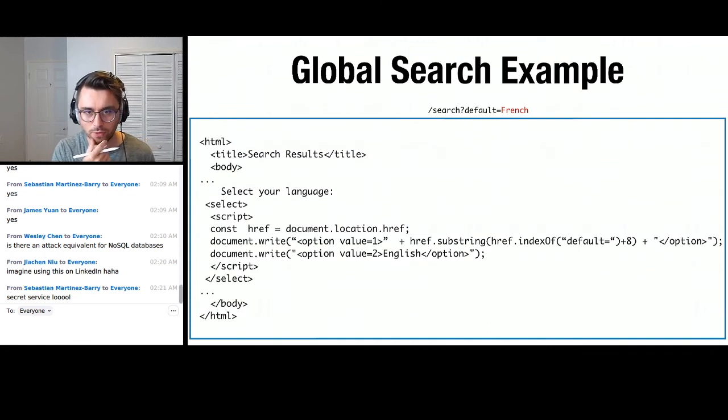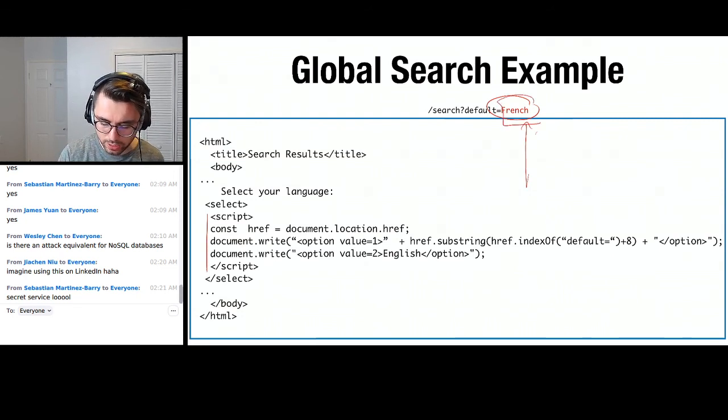So just to give you one super simple example: say we have, again, our fake search engine with /search, default, whatever language. One thing this piece of code might do is have an inline script which looks at what the URL is and takes whatever is in the address bar and includes it in the HTML it decides to render.